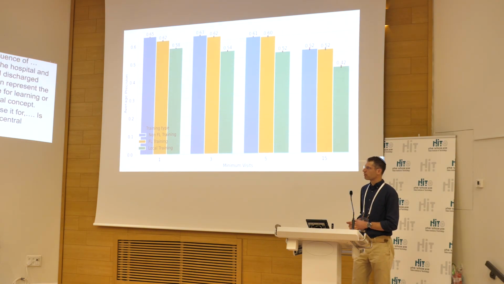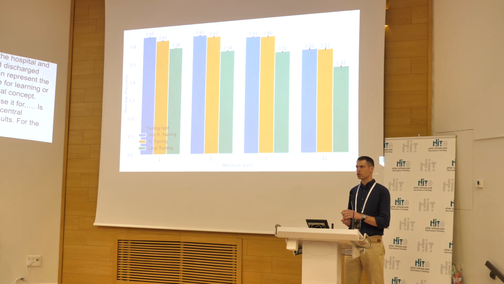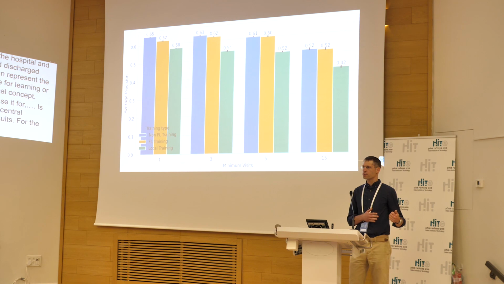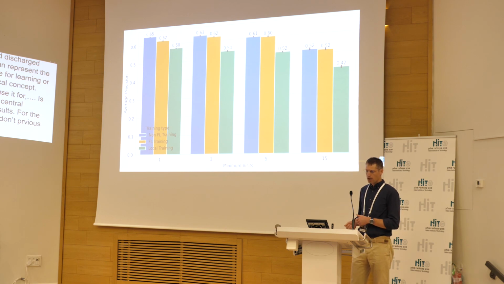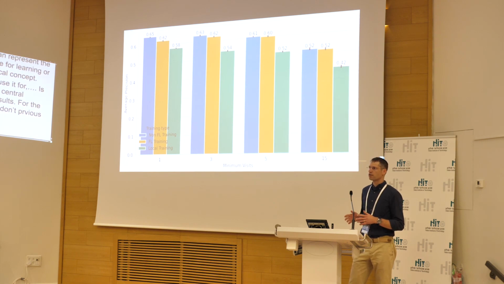Okay, so for a specific task, the task is called next visit prediction. So we want to predict what diagnosis a patient will have in the next visit, given previous diagnoses and previous clinical visits. So in the blue bar, you can see non-federated learning where you have all the data centralized.